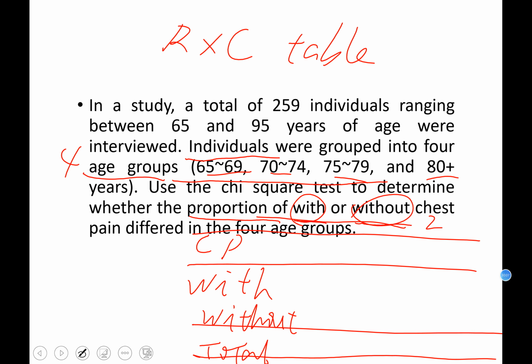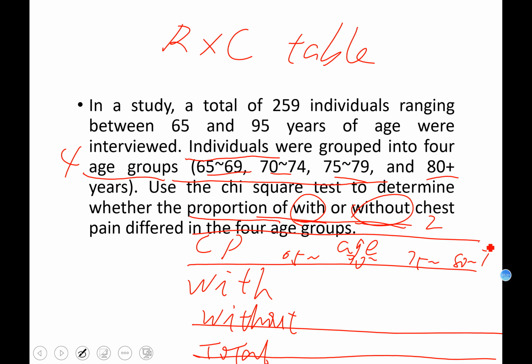And here we have 4 columns in each group. That is 1, 2, 3, and 4.